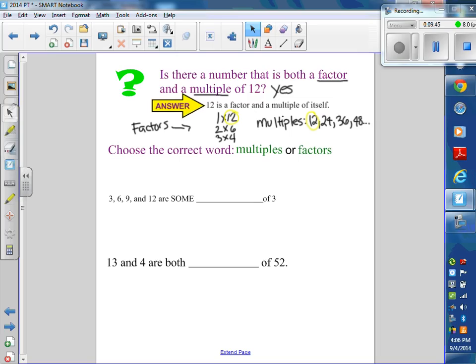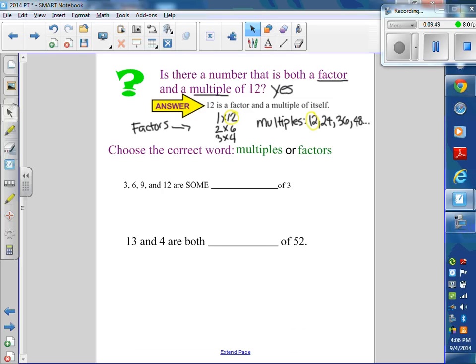The last thing I want you to do is look at these 2 statements here and choose the correct word, either multiple or factor, to place in the blank. 3, 6, 9, and 12 are some blank of 3. Are they multiples of 3 or factors of 3?